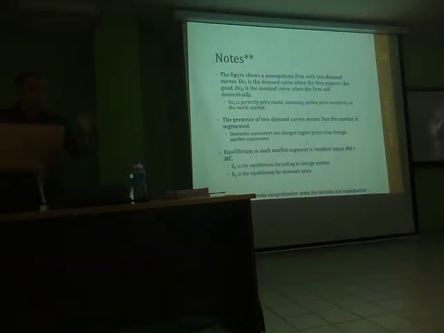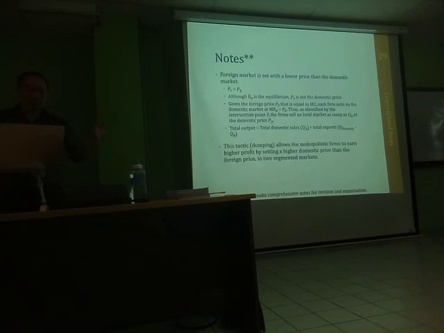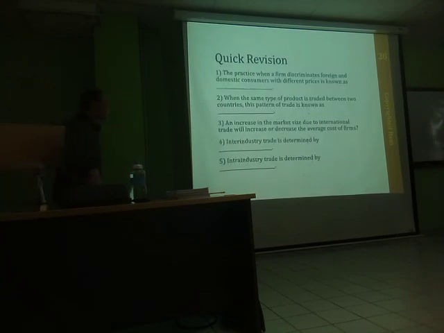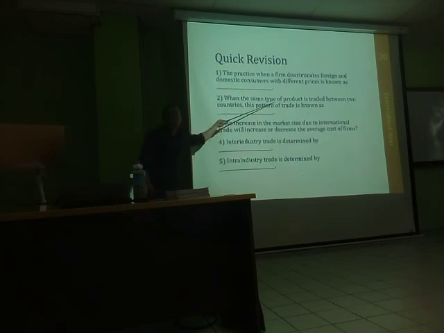Before we dismiss, before we close, just do a quick revision. The practice when a firm discriminates between foreign and domestic consumers with different prices is known as dumping. Okay. Number two, when the same type of product is traded between countries, this type of trade is known as intra-industry trade.